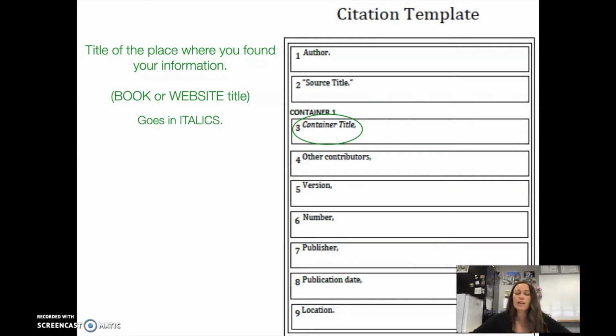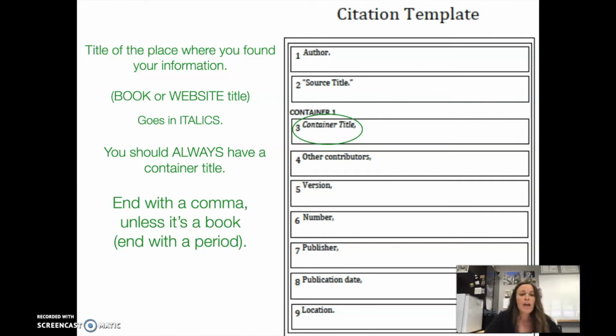So while the source title does not go in italics, the container title must go in italics. You should always have a container title because you should always have a place where you found your information. You'll end with a comma unless it's a book, because in that case, the container title is the source title, so then you would put a period.